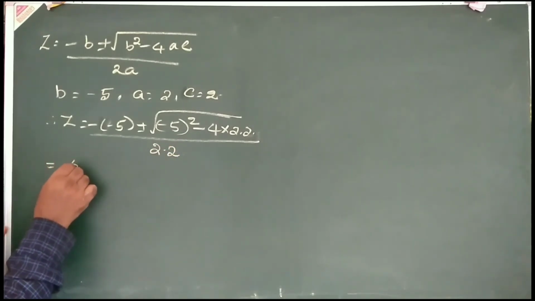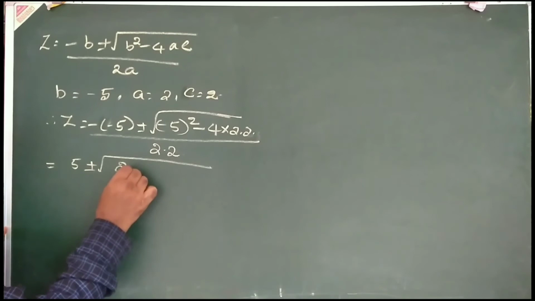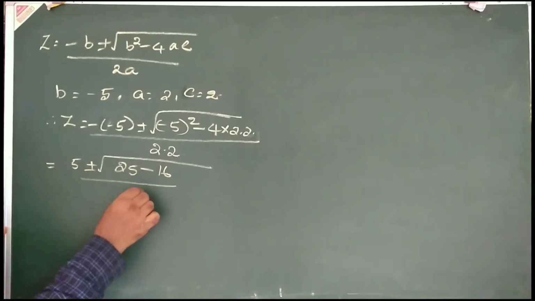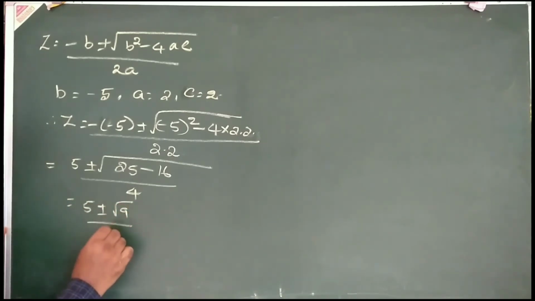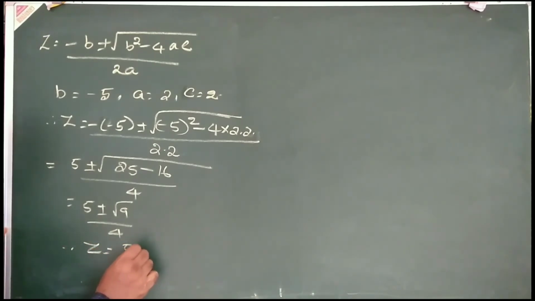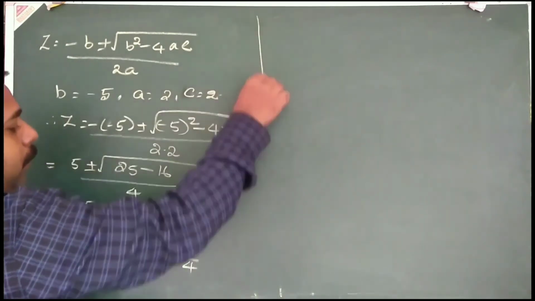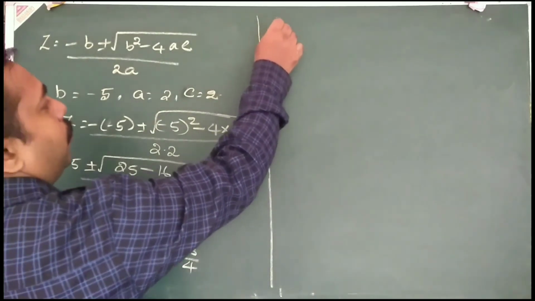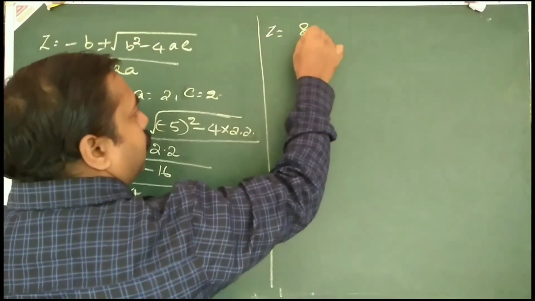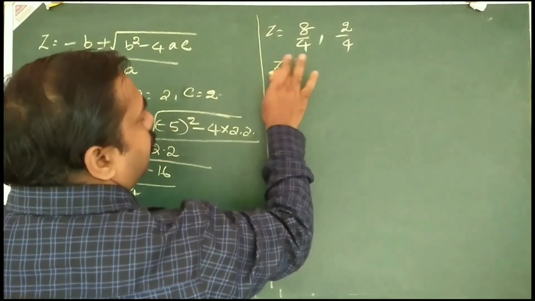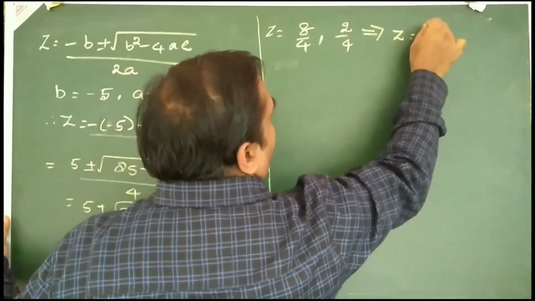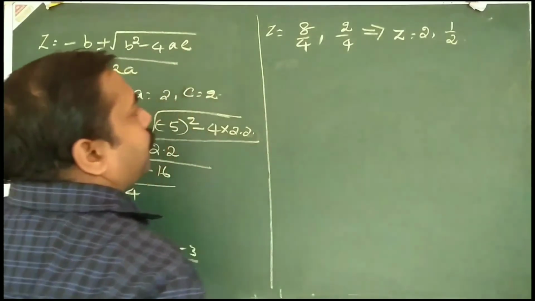So this is equal to 5 plus or minus root of 25 minus 16 divided by 4. So that is 5 plus or minus root 9 divided by 4. Therefore z is equal to 5 plus 3 divided by 4, 5 minus 3 divided by 4. That is z is equal to 8 by 4, 2 by 4. That implies z is equal to 2, 1 by 2.